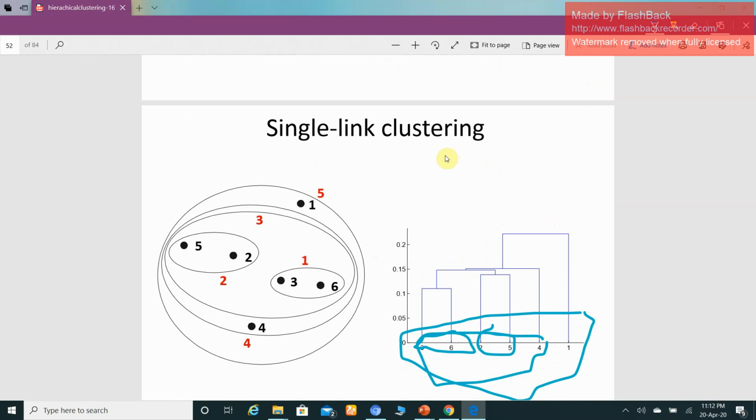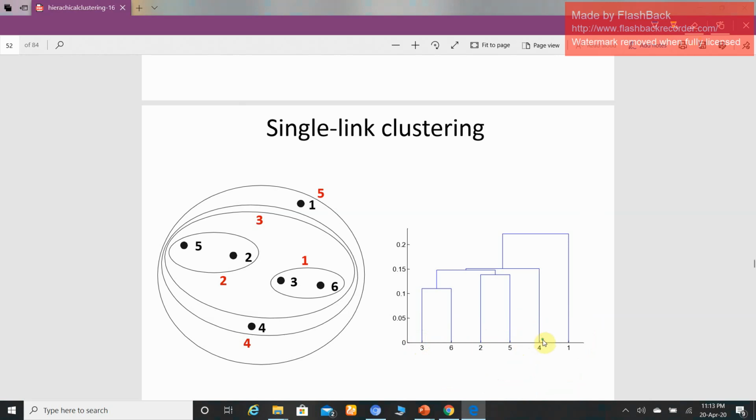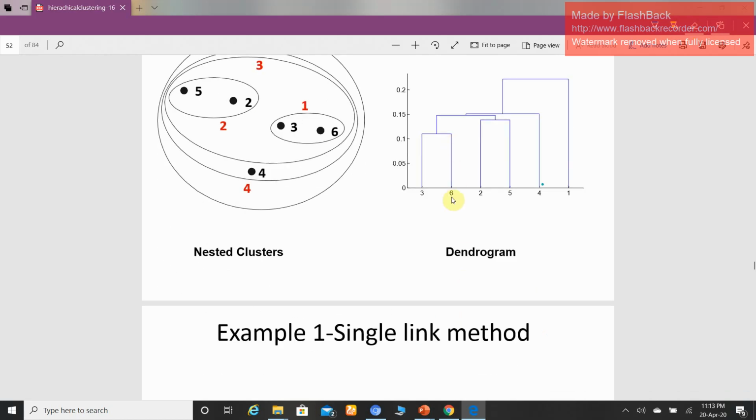Single link clustering. This is a dendrogram.